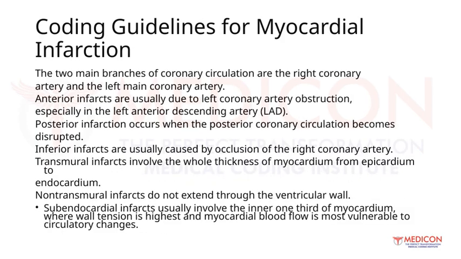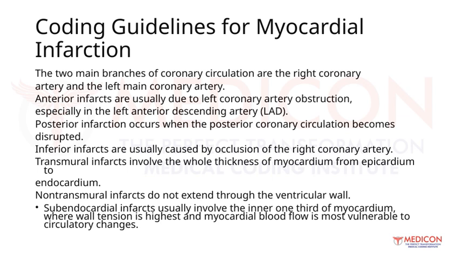Let's take a closer look at the coding guidelines for myocardial infarction. First, it's important to understand the main branches of coronary circulation, which are the right coronary artery and the left main coronary artery. These are the primary arteries supplying blood to the heart muscle. When it comes to infarct location, anterior infarcts are typically caused by obstruction of the left coronary artery, especially the left anterior descending artery, or LAD.